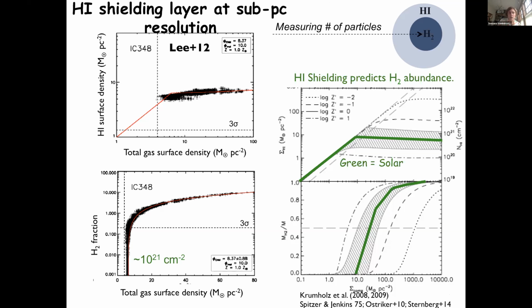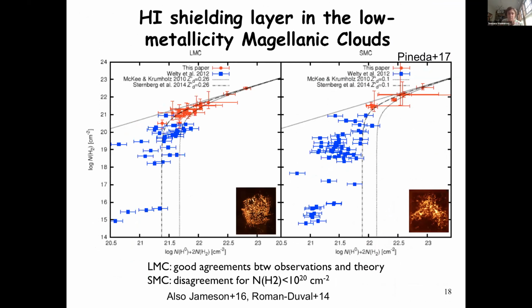So we can do that very well in the Milky Way, where we can resolve individual regions, and we can also look at diffuse regions. So far, for nearby galaxies, we were able to just work with random directions. This is H2 from FUSE as a function of total gas column density for the Large Magellanic Cloud and the Small Magellanic Cloud. The bottom line is that things are reasonably okay, but we clearly have problems at low metallicity.